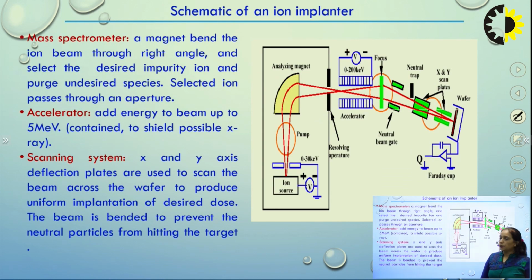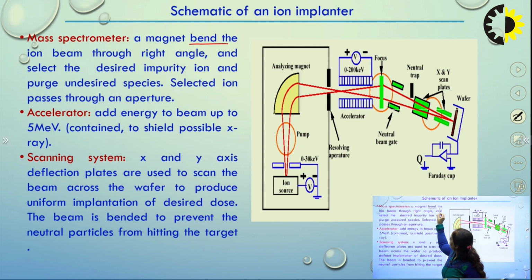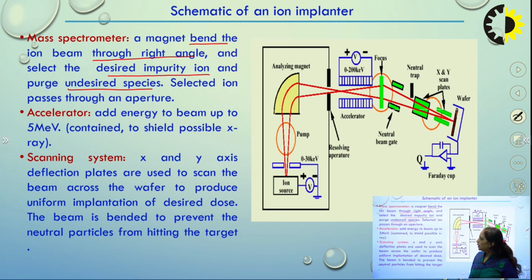Next is the mass spectrometer. In the mass spectrometer, a magnet bends the ion beam through a right angle, selects the desired impurity ion and purges undesired species. From here only the selected ions will be passed towards the next process. Then we have the accelerator.